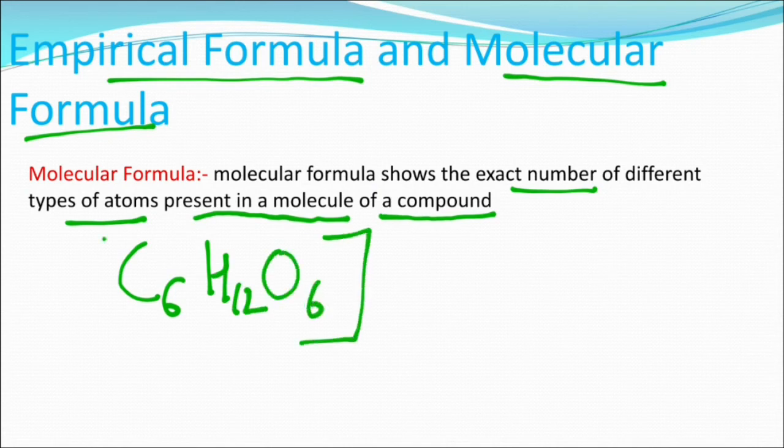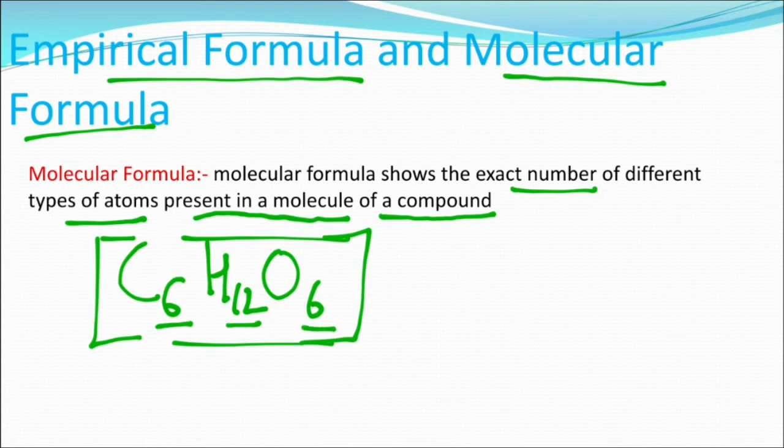This is the molecular formula of glucose. By observing the molecular formula, we know that in one molecule of glucose there are 6 carbon atoms, 12 hydrogen atoms, and 6 oxygen atoms.